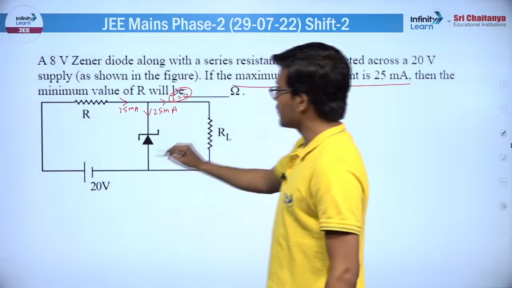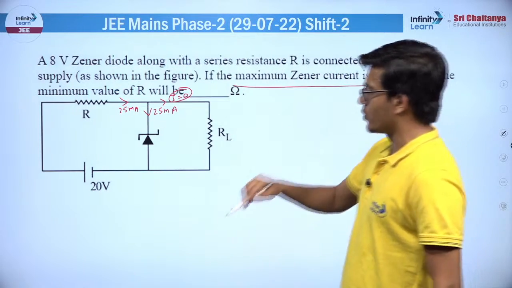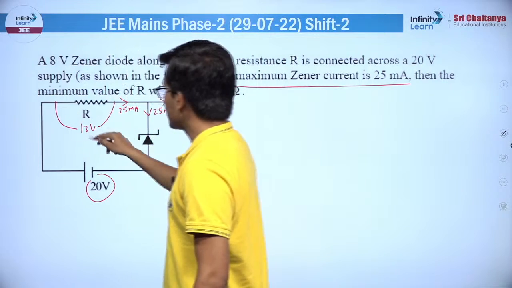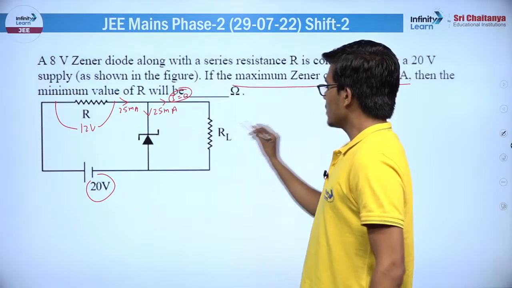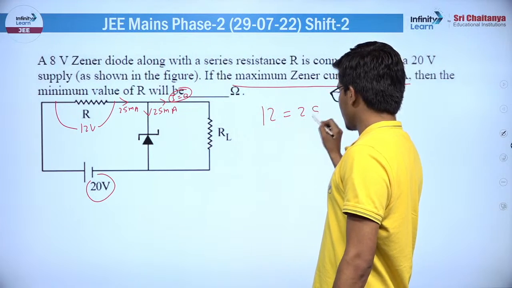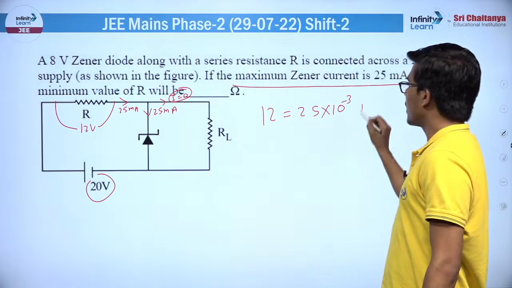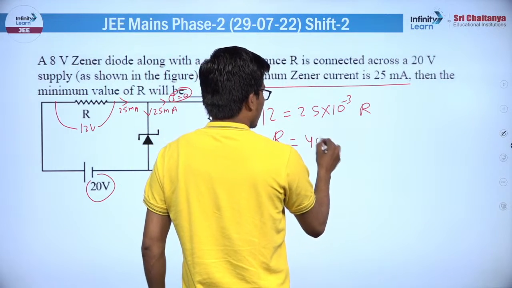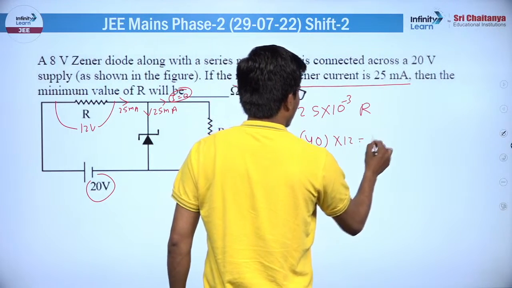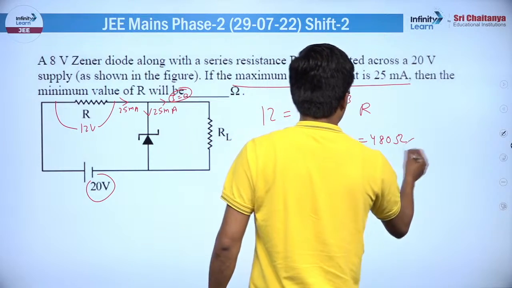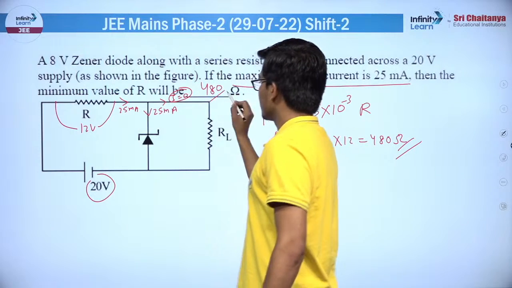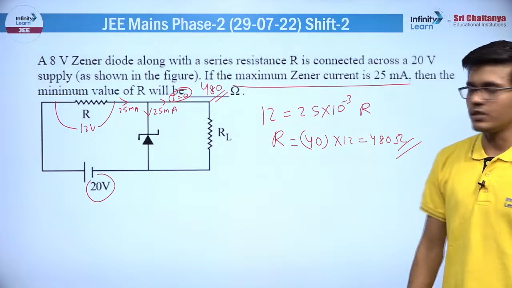And if the potential difference across this Zener diode is 8 volt and this is 20 volt, so the remaining will be 12 volt across this R. So you know that V is equal to I into R. So you will get the value of resistance as 1000 by 25 is 40, into 12, 480 ohm is my final answer. The value of R should be 480 ohm. Simple question from Zener diode.